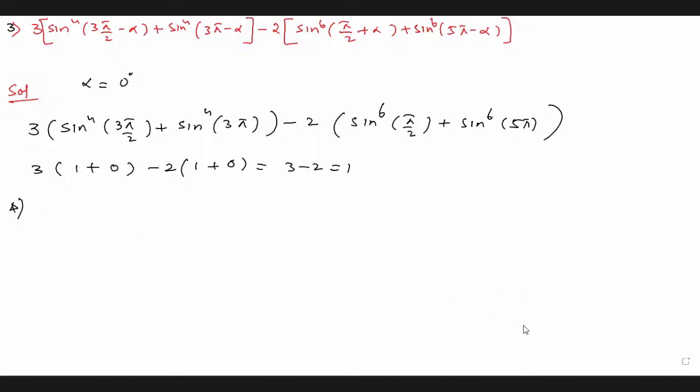Write down the next problem. If cos x plus cos square x is equal to 1, then find the value of sine power 12 x plus 3 sine power 10 x plus 3 sine power 8 x plus sine power 6 x plus 1.